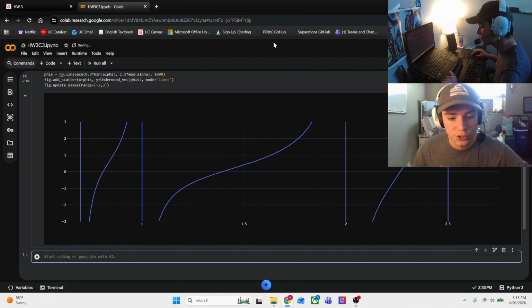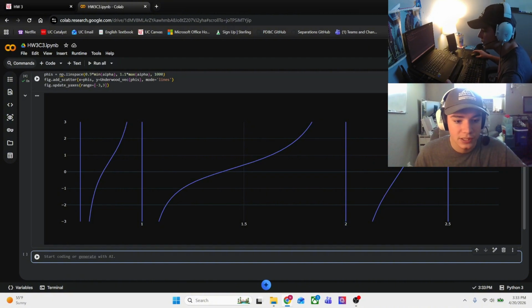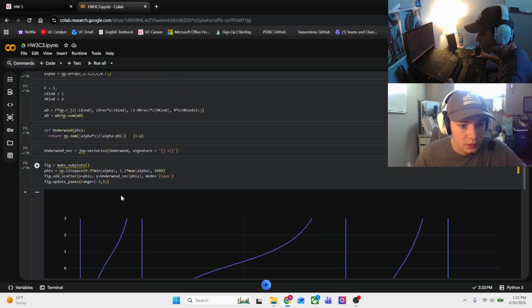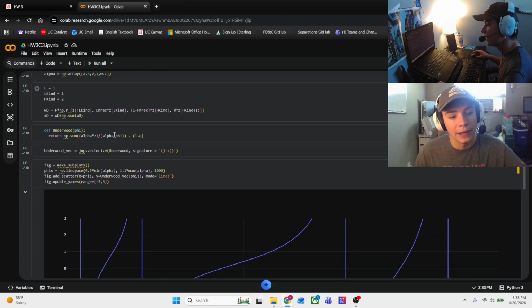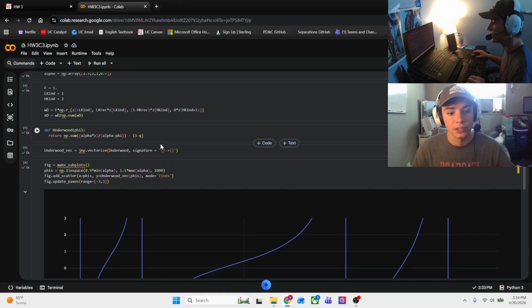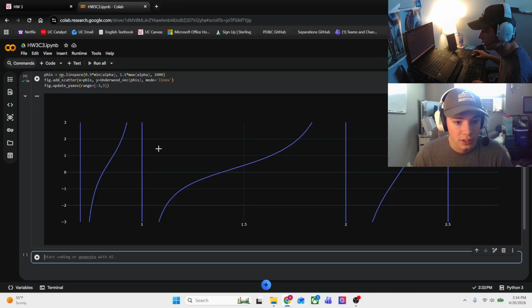Beautiful. So what we're looking at here is you can see when our phi's equal our alpha values, the denominator of this equation up here is going to 0, which is causing these crazy asymptotes. And then this is our phi, where we're crossing the x-axis here. Our actual phi values are our roots.